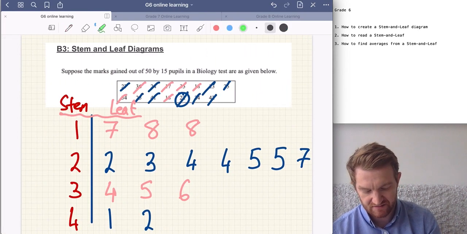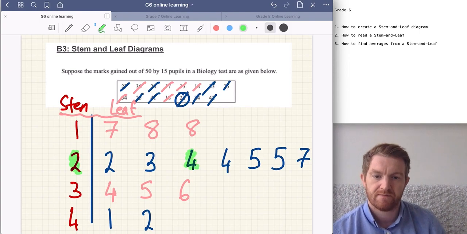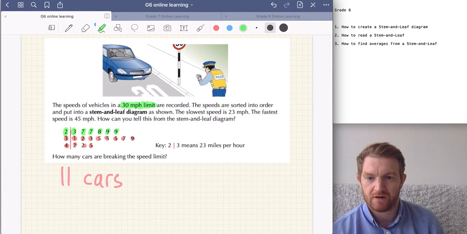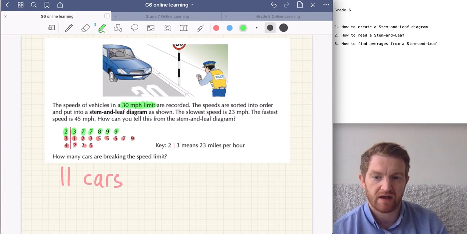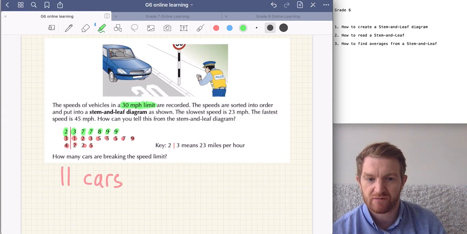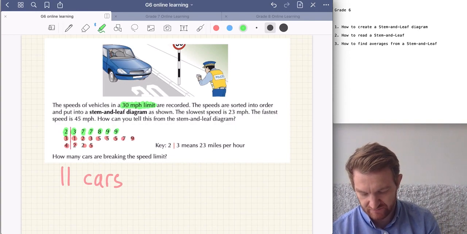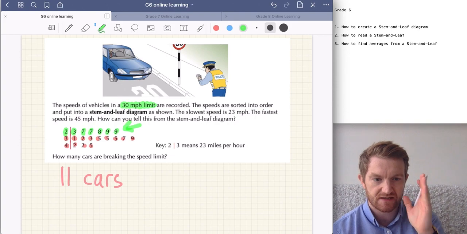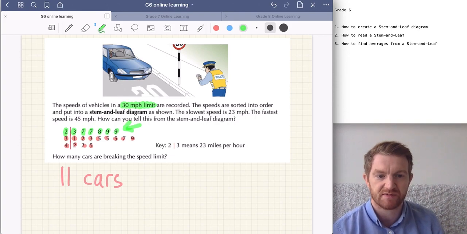So if we pick this number here, that's like 24. When we are given one, it should look like this, or like this. You can read it by quickly sorting through the information. Remember, it's always got to be from smallest to biggest. Notice, for example, here in that first one, it doesn't go 7, 3, 8, 9. It goes 3, 7, 7, 8, 9, 9. So it has to be in order.